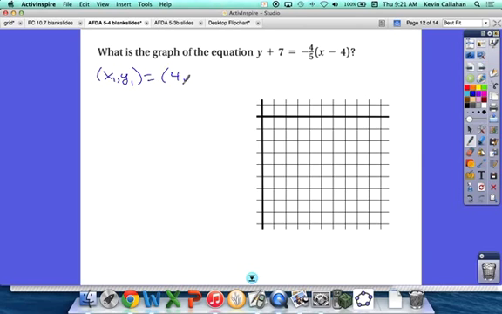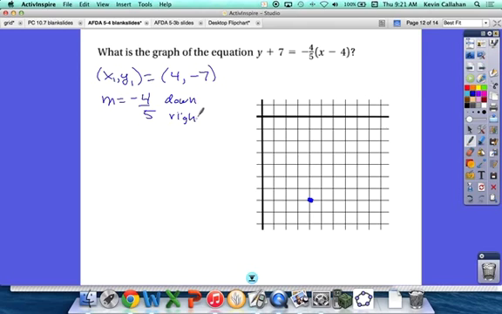Four, -7, okay? And so I can put that 1, 2, 3, 4, 1, 2, 3, 4, 5, 6, 7, right there. Now how am I going to use a slope of -4/5 to find another point on the line? Let's say I go down 4 and right 5.